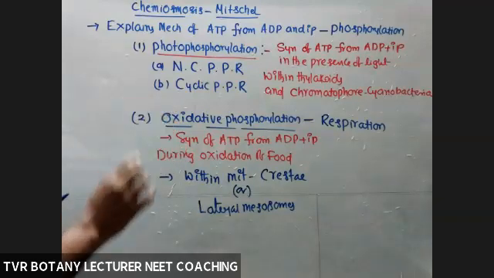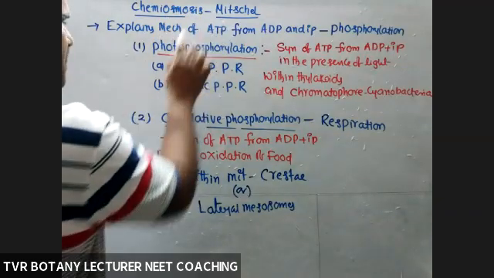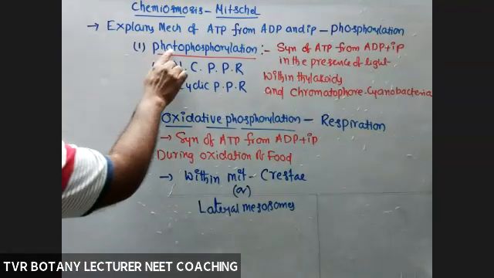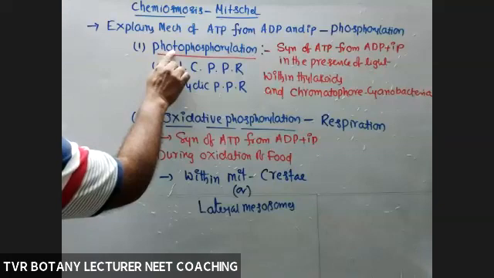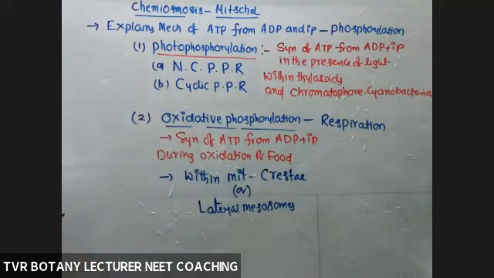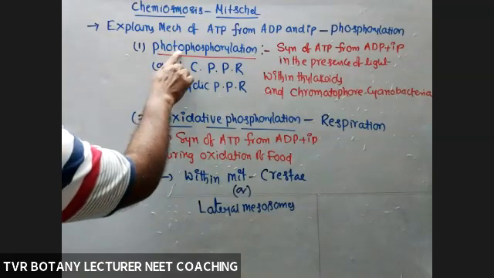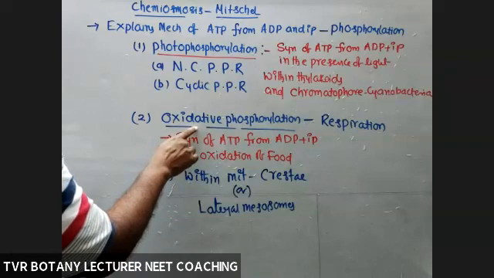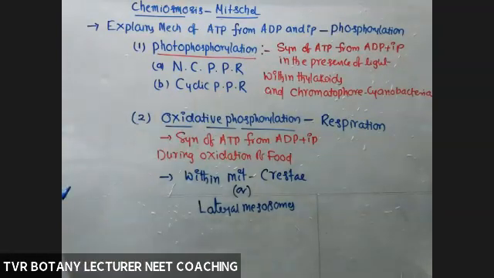Okay. So simply, Peter Mitchell's chemiosmotic mechanism explains the mechanism of synthesis of ATP during light reaction, photophosphorylation, and oxidative phosphorylation. Only these two. So this mechanism is not concerned with NADPH plus H plus synthesis. Only synthesis of ATP during photophosphorylation, non-cyclic and cyclic, and during respiration, oxidative phosphorylation.